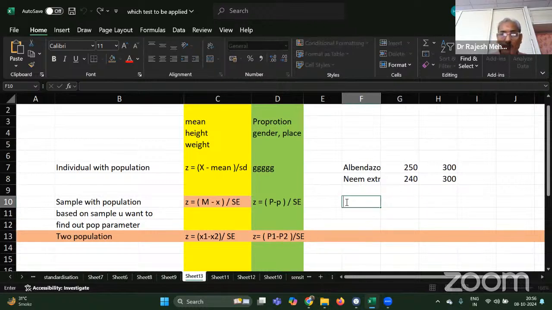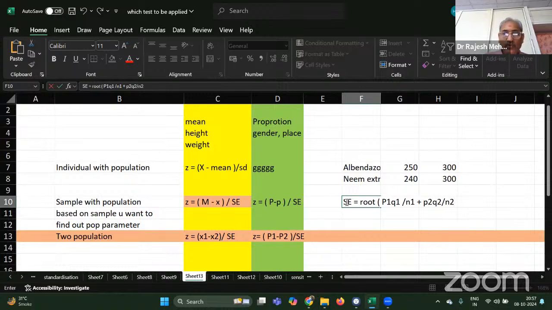The standard error of proportion is equal to the root of P1 Q1 by N1 plus P2 Q2 by N2.